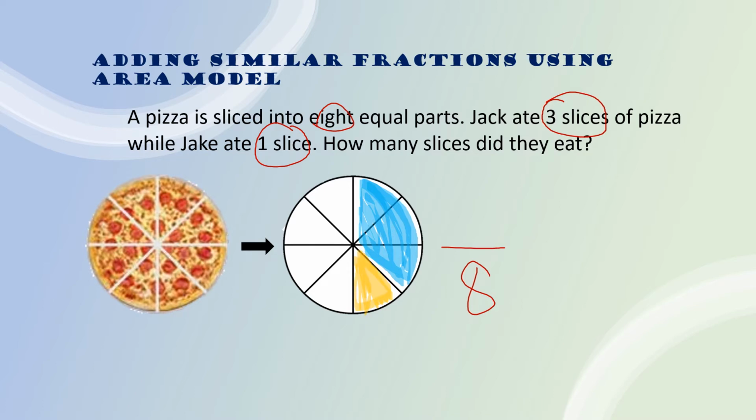All right. So how many slices did they eat together? We have to combine the number of slices that they ate. So let's count. We have 1, 2, 3, and 4. So together they ate 4 slices out of 8 slices.